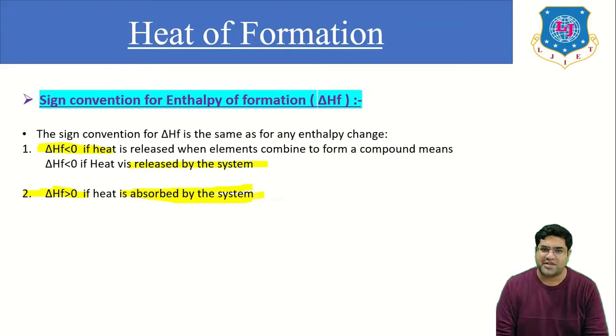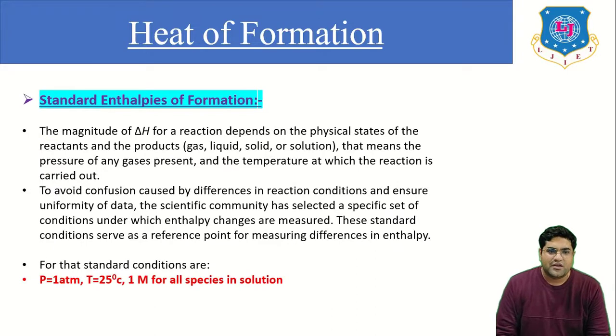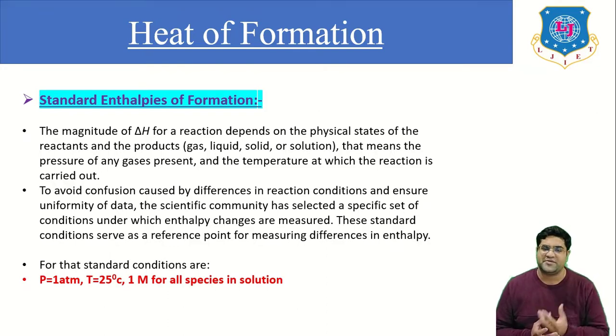Now the next one, standard enthalpy of formation. This is a very important topic. What is the meaning of standard enthalpy of formation? When we are going to calculate the enthalpy of formation, we have to understand that there is some standard condition, because we know that different reactions take place at different pressure and temperature.